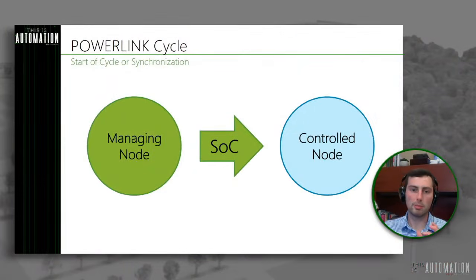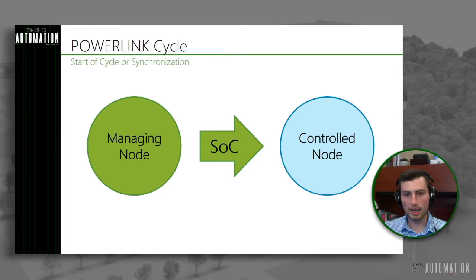So again, we talked about managing node and controlled node. The start of every Powerlink cycle is basically the managing node sending this start of cycle command. When you see that SOC on the arrow, that stands for start of cycle. This is basically just a synchronization.